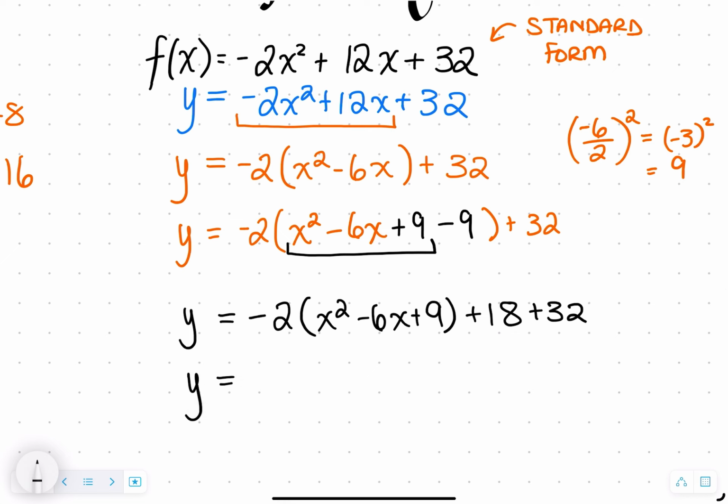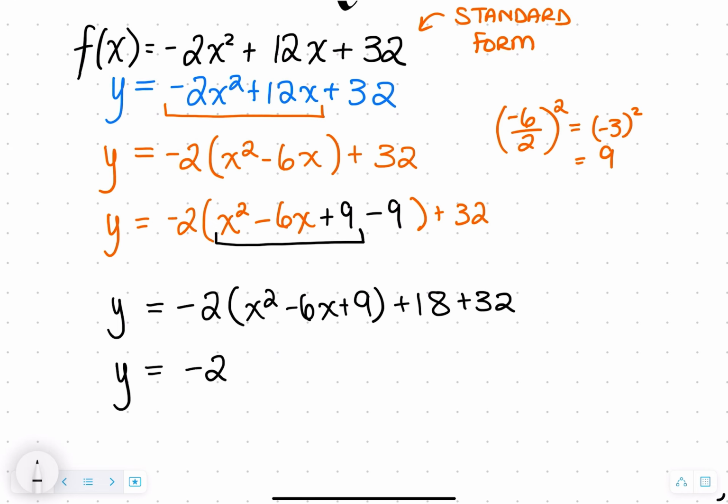Now let's start simplifying and factoring. The x squared minus 6x plus 9 can now be factored easily. Two numbers that add to -6 and multiply to equal +9. Let's show that work on the side just to make it clear.